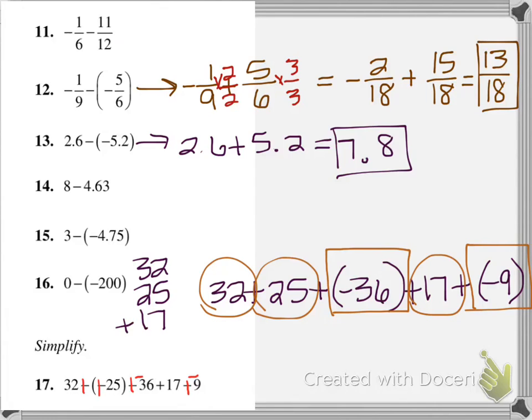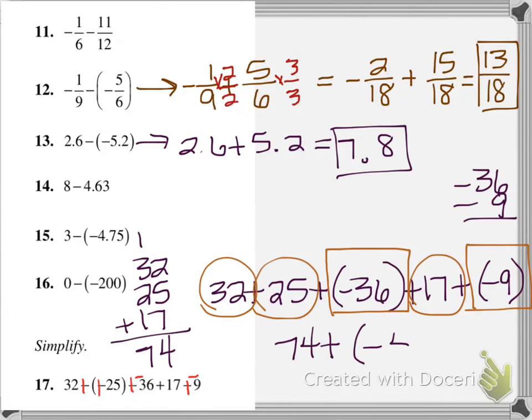Those are all my positives. It's going to give me 74. And if I add my negatives of negative 36 and negative 9, that's going to give me negative 45. And now 74 and negative 45, my signs are different, so I'm actually going to have to subtract 74 minus 45. And that's going to give me 29.